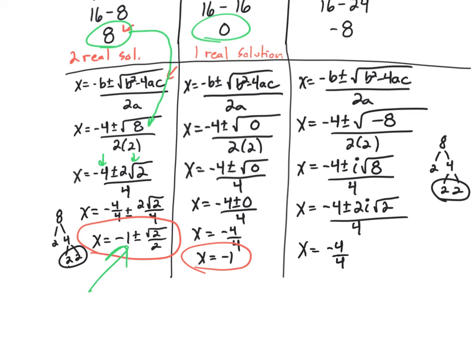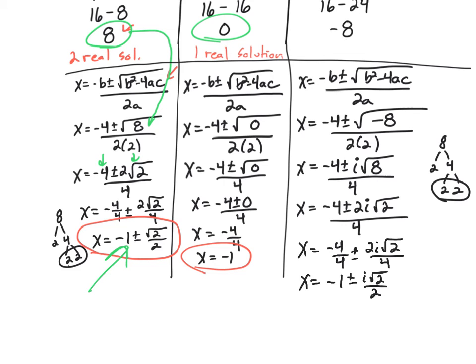We separate the rational from the radical, plus or minus 2i root 2 over 4, and then we simplify our fractions. So x is equal to negative 1 plus or minus i square root of 2 over 2. So 2 over 4 reduces to 1/2, so it's 1i over 2.